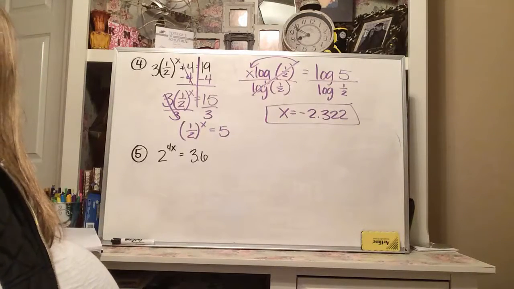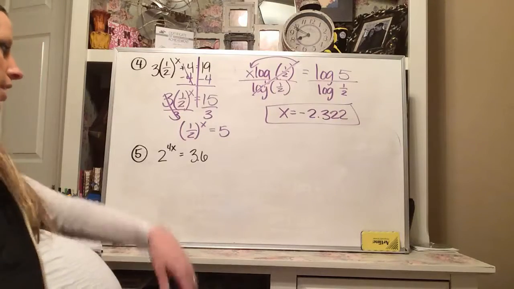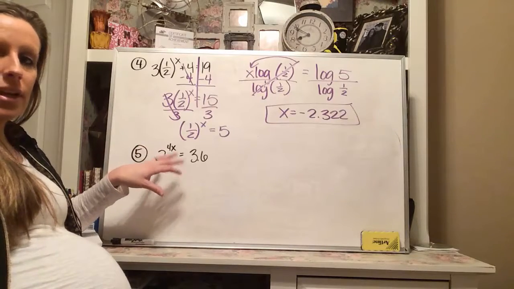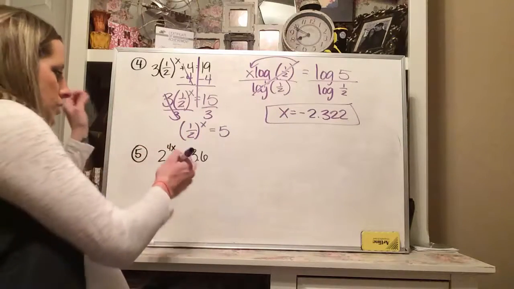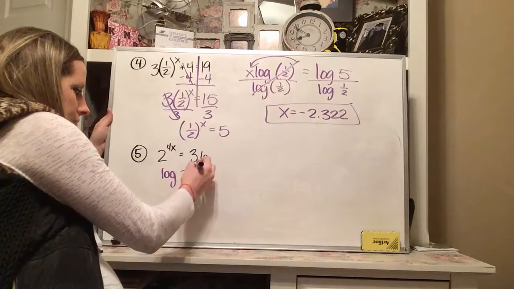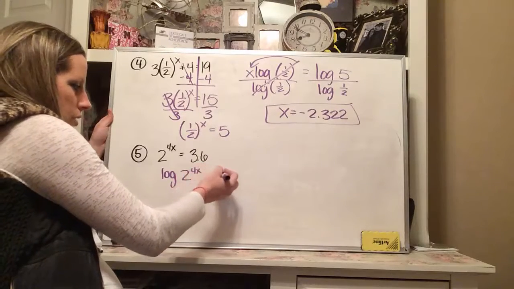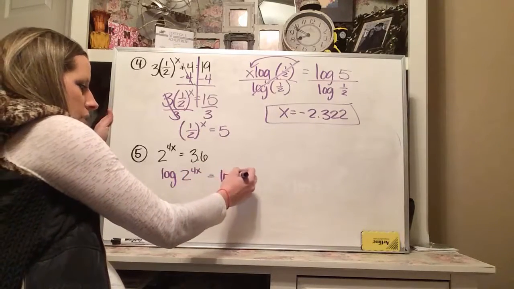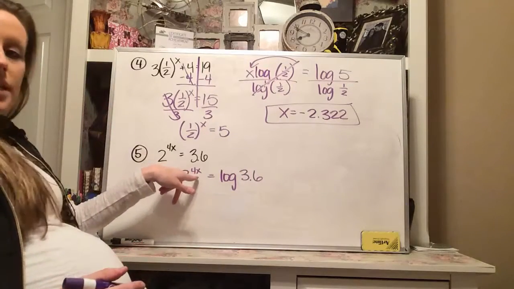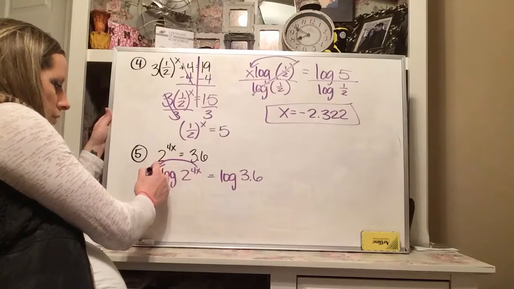Number 5, you should have already worked this one before you played this part of the video. We have the term that has x in the exponent. We have it by itself. So we're going to go ahead and start out by taking the log of both sides. So log of 2 to the 4x power equals log of 3.6. Okay, I'm going to take the x out of the exponent, so I'm going to bring that whole exponent to the front.